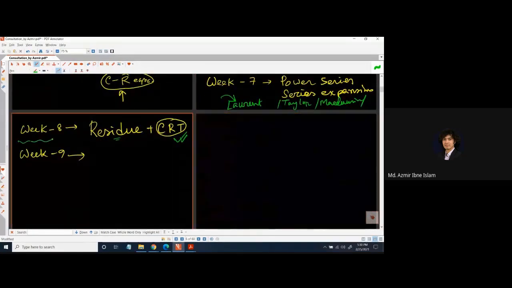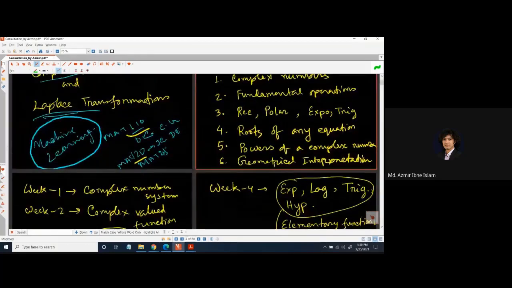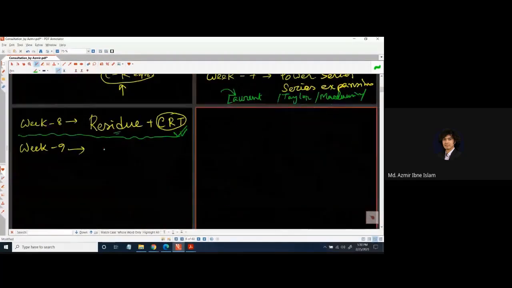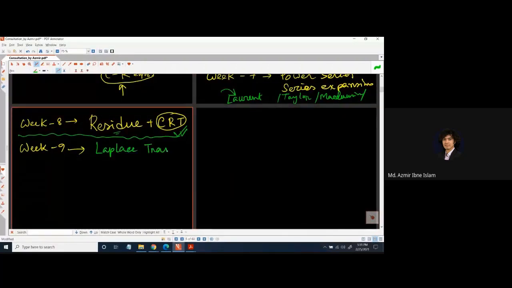That means week 1 to week 8 are designed for complex variables. And then we have Laplace transformations. So Laplace transformations can be found in week 9. Here you will see Laplace transformations, then inverse Laplace transformations, and some applications.